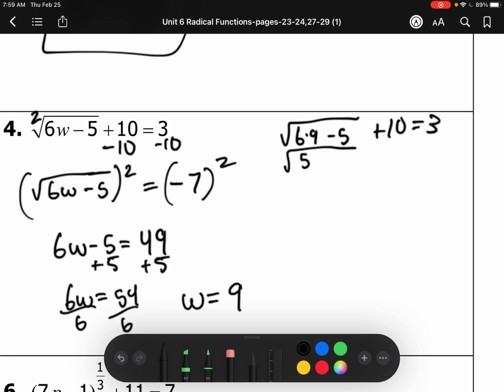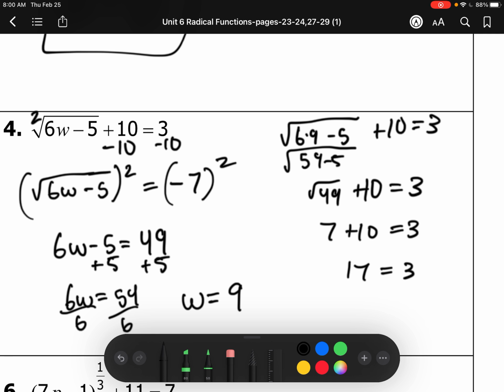So I have the square root of 54 minus 5. 54 minus 5 is 49, so I have the square root of 49 plus 10 is equal to 3. The square root of 49 is 7, so I have 7 plus 10 is equal to 3. And then 7 plus 10 is equal to 17, is equal to 3, right?